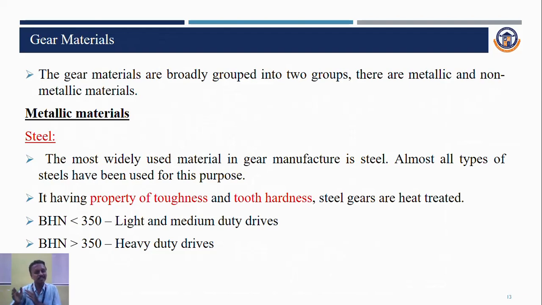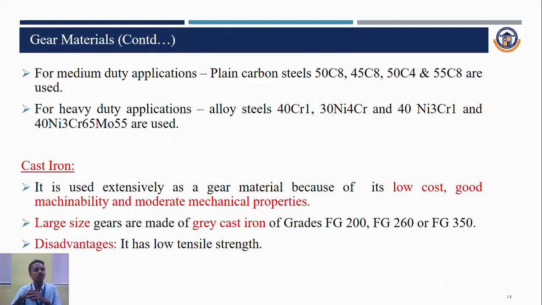If BHN is less than 350, they are for light and medium duty drives. If BHN is greater than 350, heavy duty drives. For medium duty applications, plain carbon steels 50C8, 45C8, 50C4 and 55C8 are used.